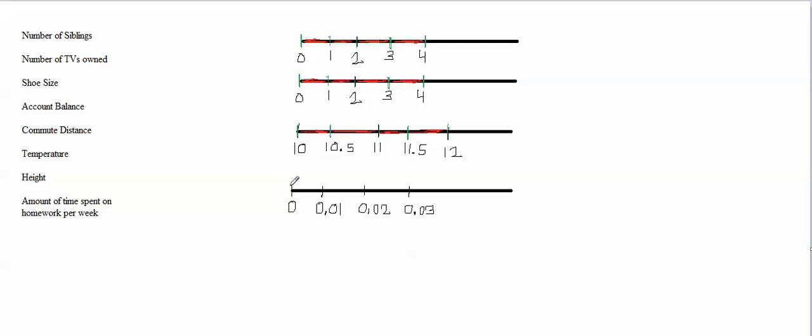So these are the possible values that a person could have for their account balance. And it's not possible to have anything in between. For example, a person's account balance couldn't be right here at 0.013 or a person's account balance couldn't be right here at 0.007 or 0.008.